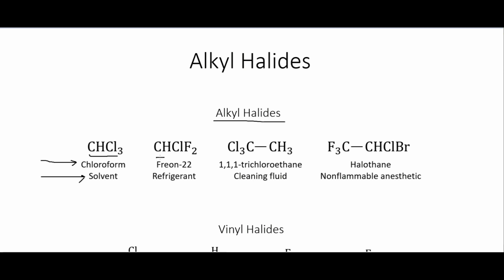Then we have this here, which is Freon 22, which is a refrigerant. So that's a chlorofluorocarbon. You see it has a chlorine and two fluorines on it, so chlorofluorocarbon. Then here we have this 1,1,1-trichloroethane. So on the one carbon, there are three chlorines on it, and it's an ethane.